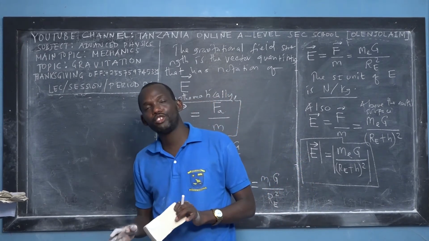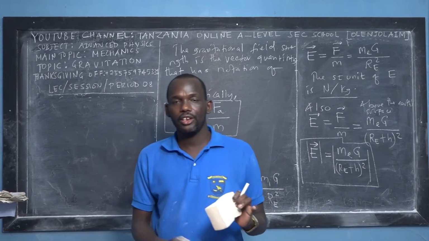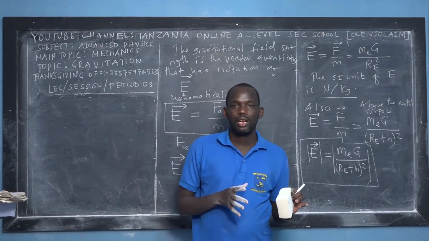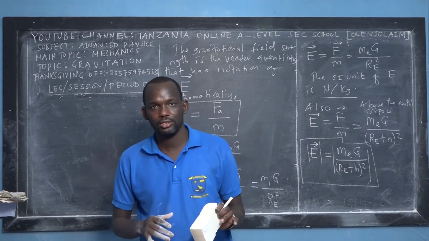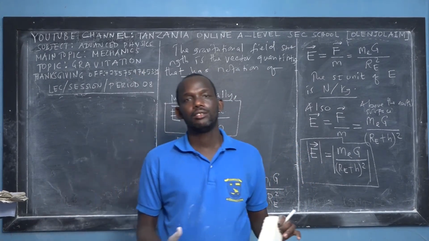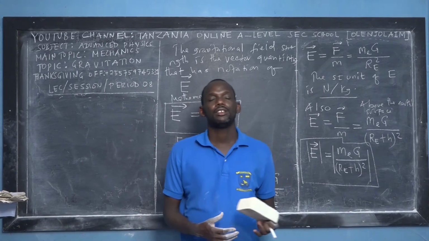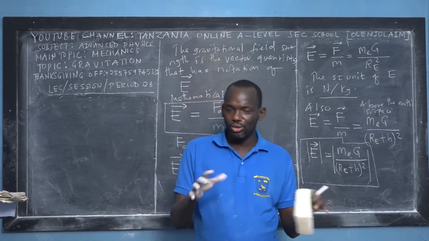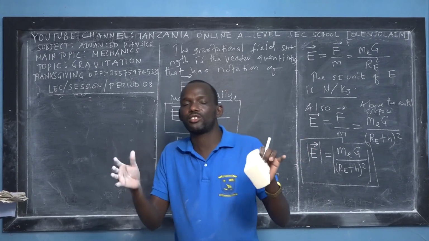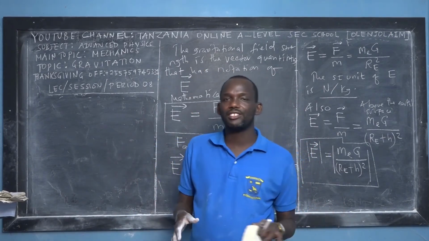Now I would like to teach you, and that's why I've given you a solid foundation, how physicists derive the formula that helps us know the work done required to take a satellite from the regions where there's no Earth's gravitational field to the regions where there's a gravitational field.